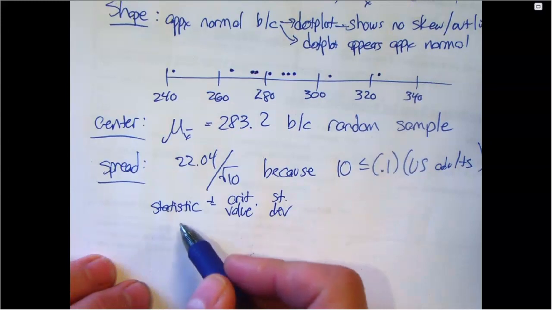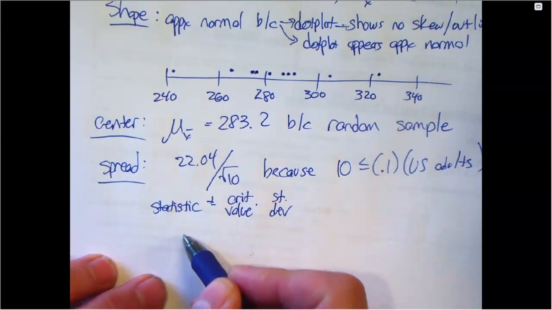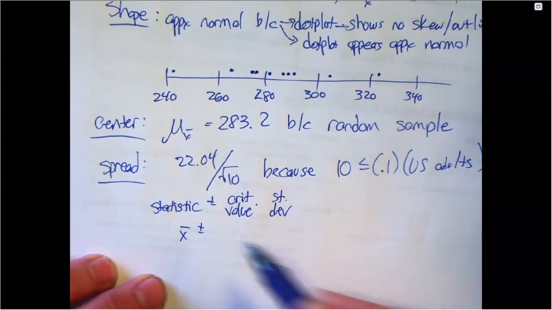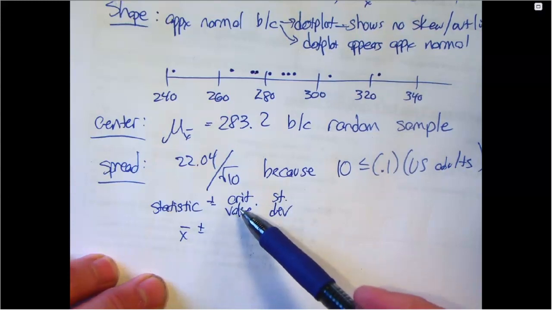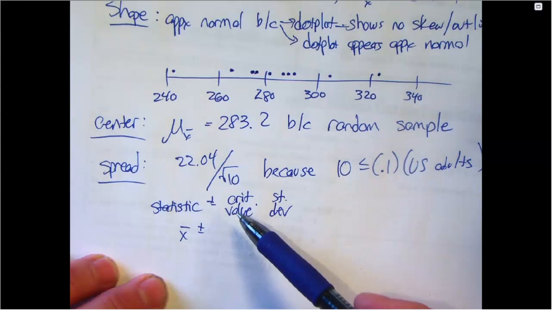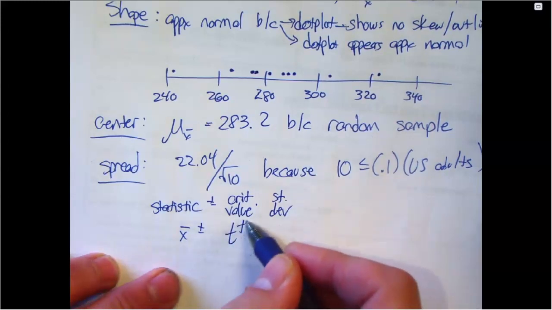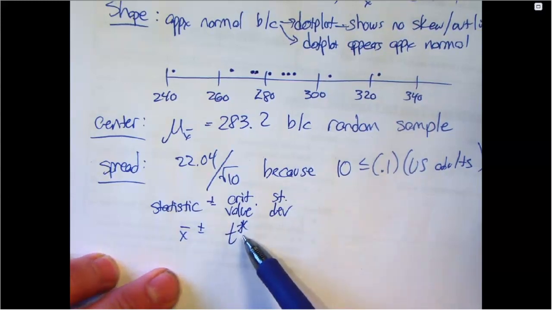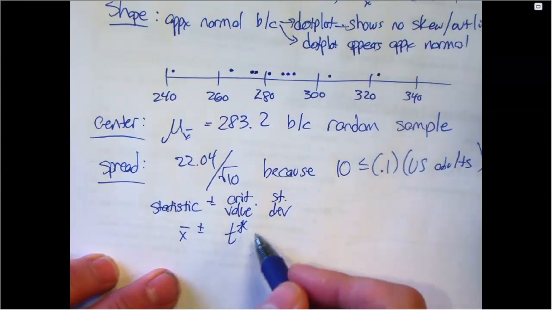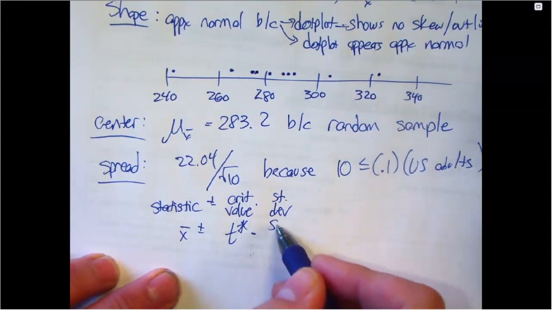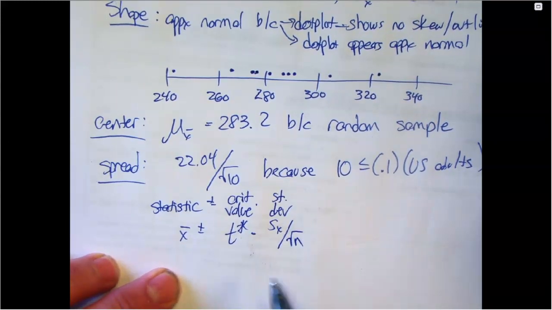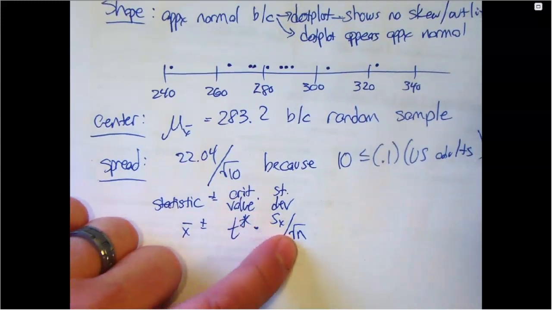In words, the statistic is X bar plus or minus my critical value. In symbols, because I don't know the population standard deviation, it's T star. If I knew the population standard deviation, it would be Z star. And then your standard deviation is the standard deviation of your sample divided by the square root of n.